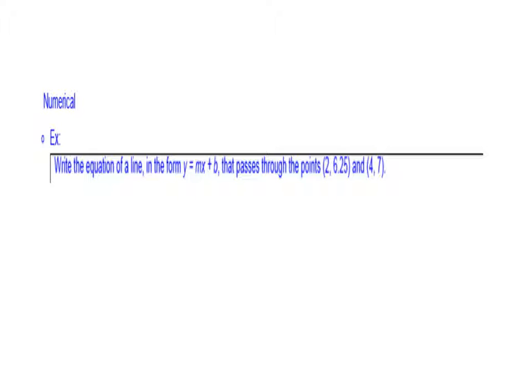Really simple. We know we need to first use the 2 points, and let's see, I want to change my pointer. So we'll use the 2 points, which is these particular 2 points, and find slope.